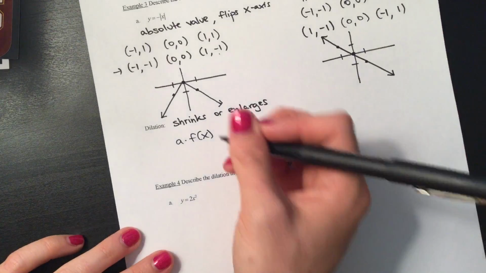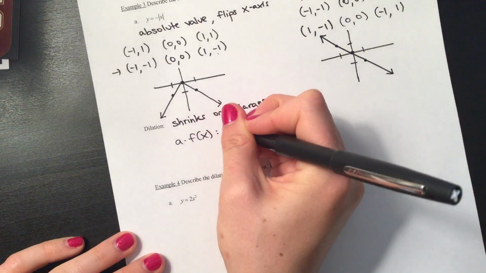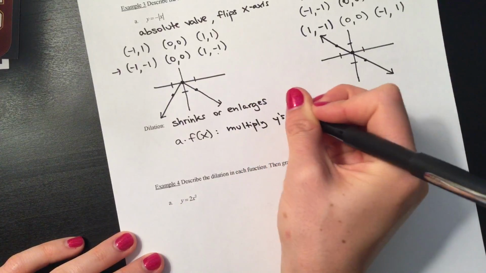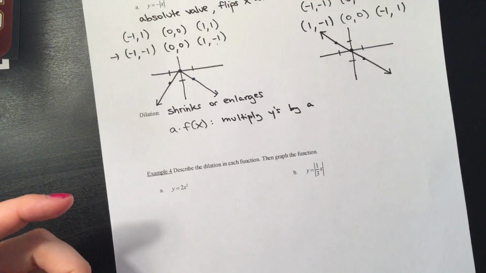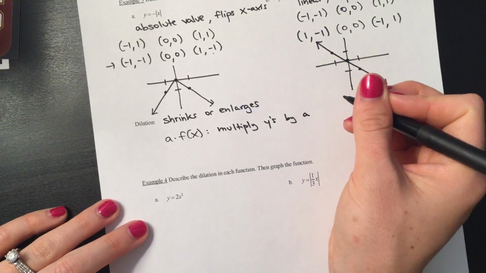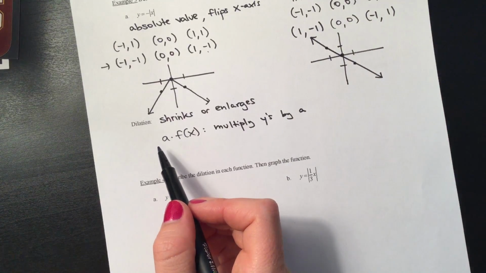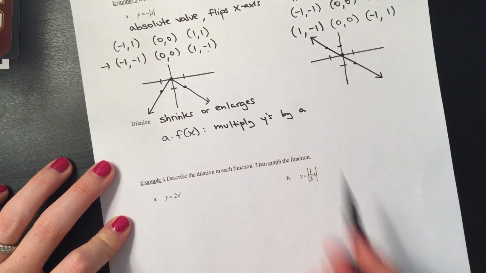So what you do is you multiply the y values by a. So if that's a 3 on the outside there, you multiply all the y values by 3. And what this does is it stretches the graph if a is positive, like a whole number, and it shrinks the graph if a is a fraction. But either way, you're going to be multiplying all the y values by a.